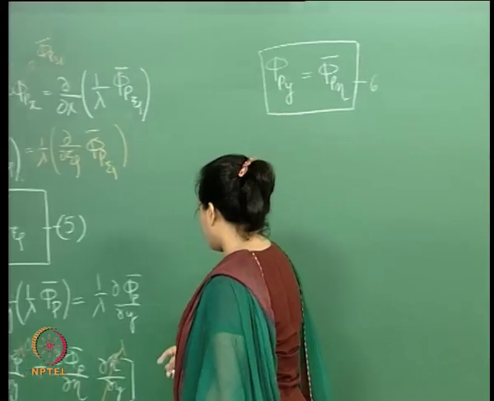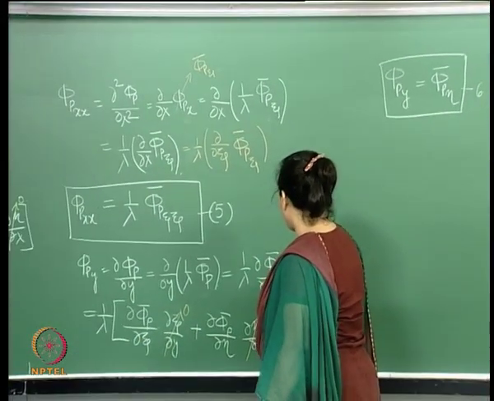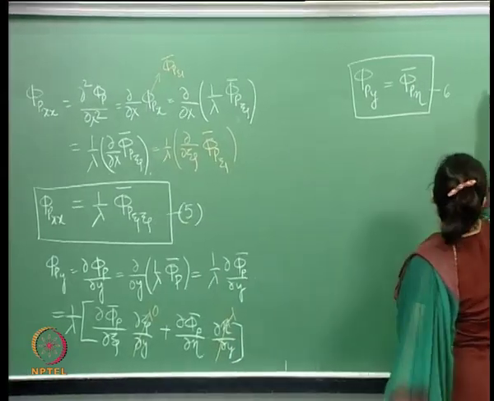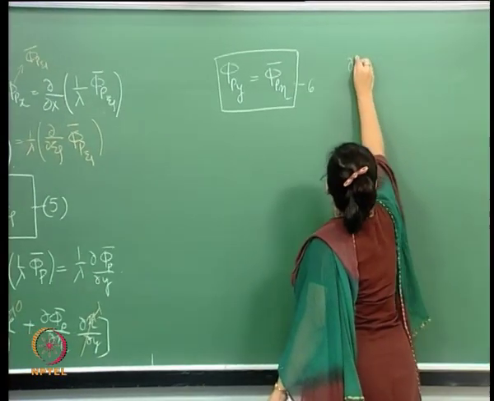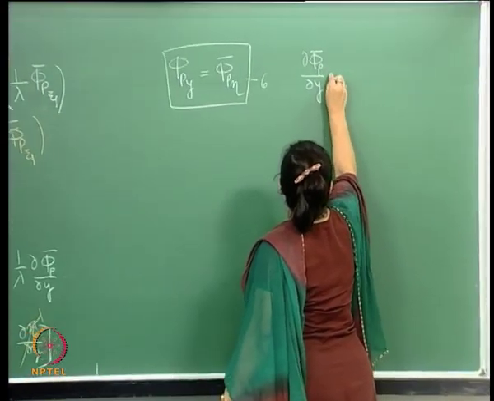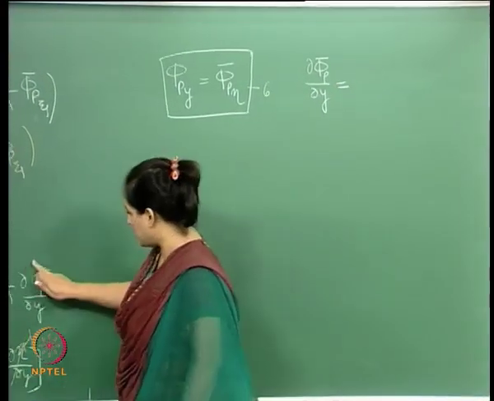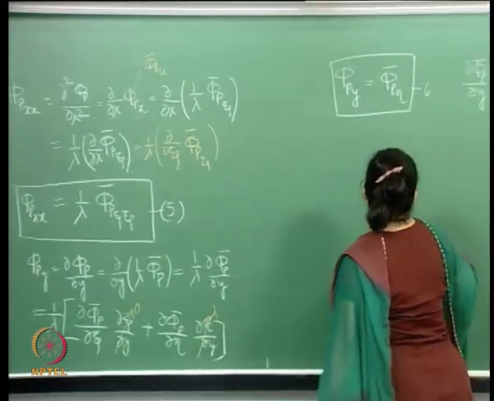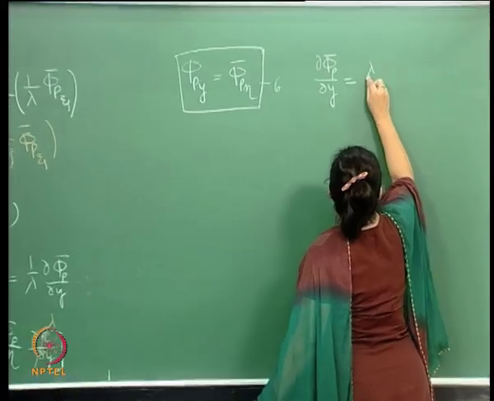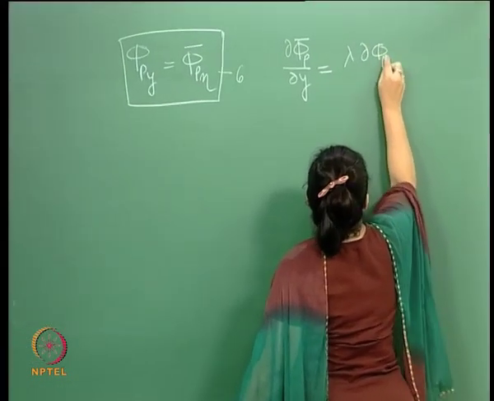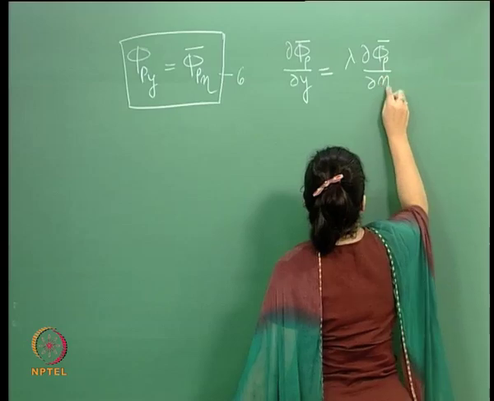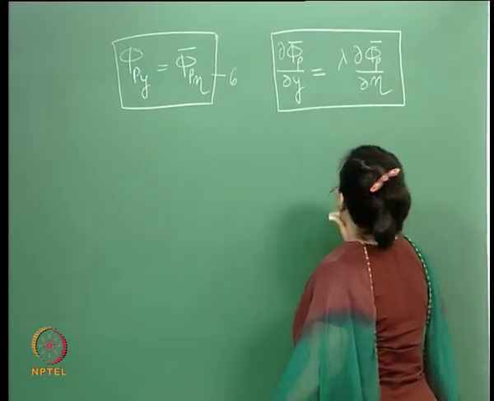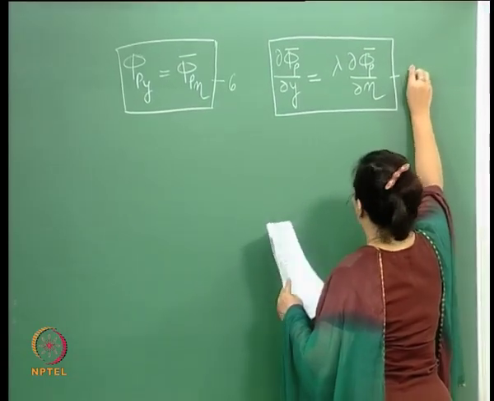Also, if you look here, del phi p del y is just the term in the bracket. So also what we see is that del phi p bar del y is equal to lambda del phi p bar del eta.